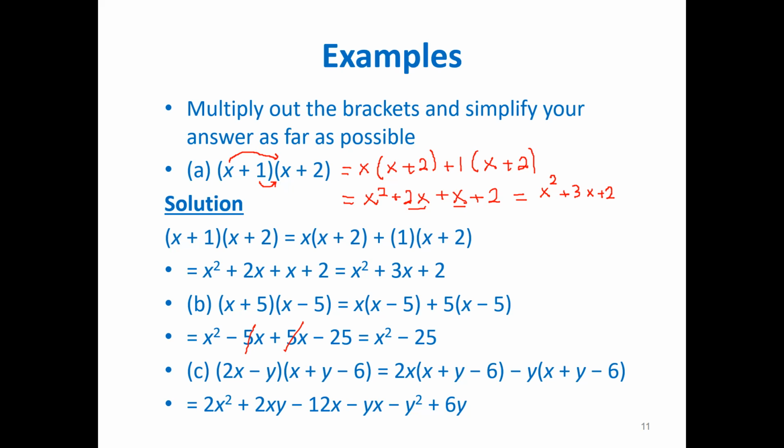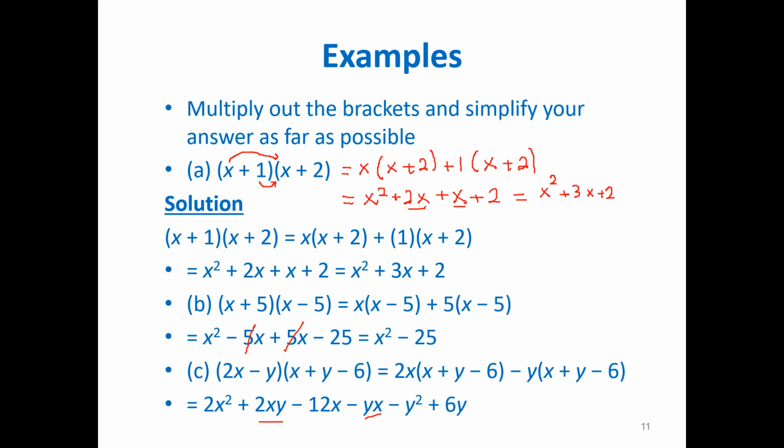Now, where are the like terms? You can see here we have 2xy and we have here yx. We said xy is the same as yx, because in multiplication, which one comes first doesn't matter. So x multiplied by y is the same as y multiplied by x.